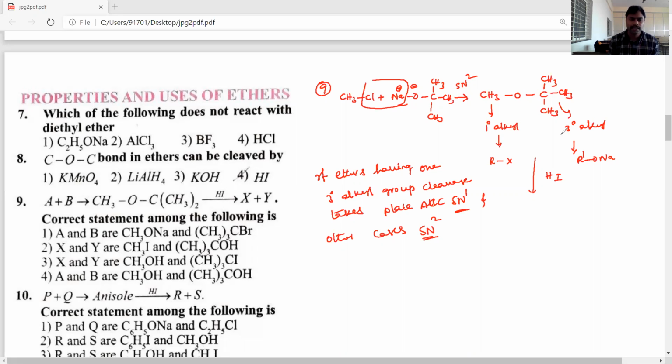Here, cleavage of methyl tertiary butyl ether with HI follows the SN1 mechanism. In the SN1 mechanism, a more stable carbocation forms. Here the lone pairs take up the H+ ion.